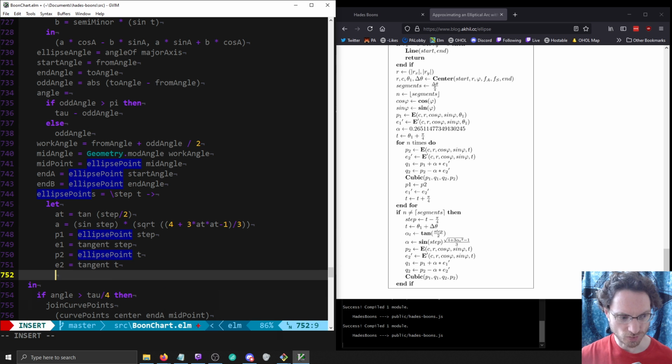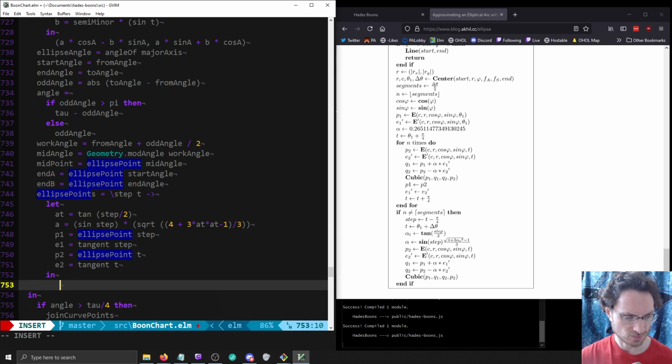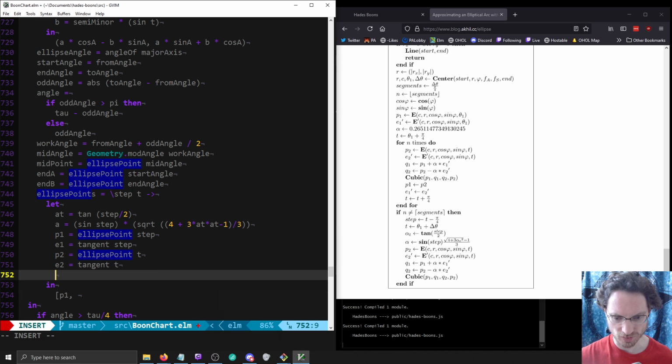And then the Q points. I guess there's a little bit of calculation here. Is P1. Well, that is a scale. I could almost skip the tangent part here.